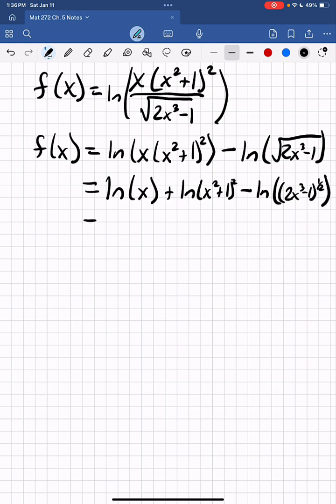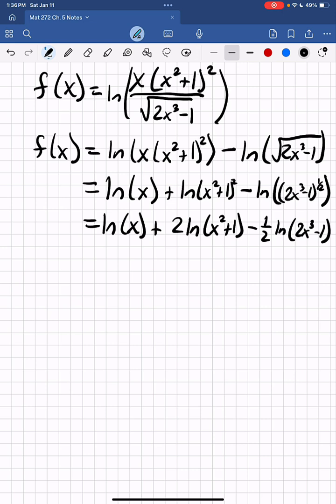All right, and now I can take the derivative. Actually, not yet. I don't want to take the derivative because I can still break apart those powers and pull those powers out. So I'm going to say the natural log of x plus 2 times the natural log of x squared plus 1 minus 1/2 the natural log of 2x cubed minus 1.